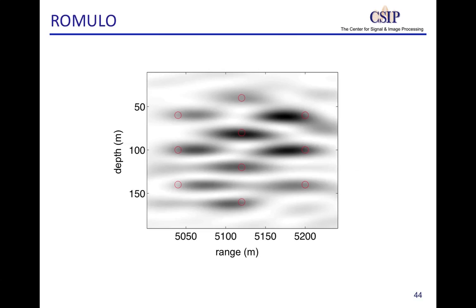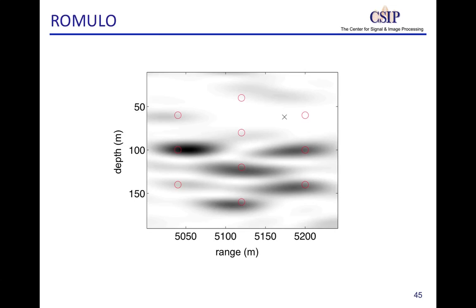So to show you what this looks like, this is a standard ambiguity function with 10 sources. So the source locations are shown with these red circles. So by maximizing it, we find the first element here, and we subtract off this Green's vector from the data vector. And now the next maximum is going to be somewhere over here.